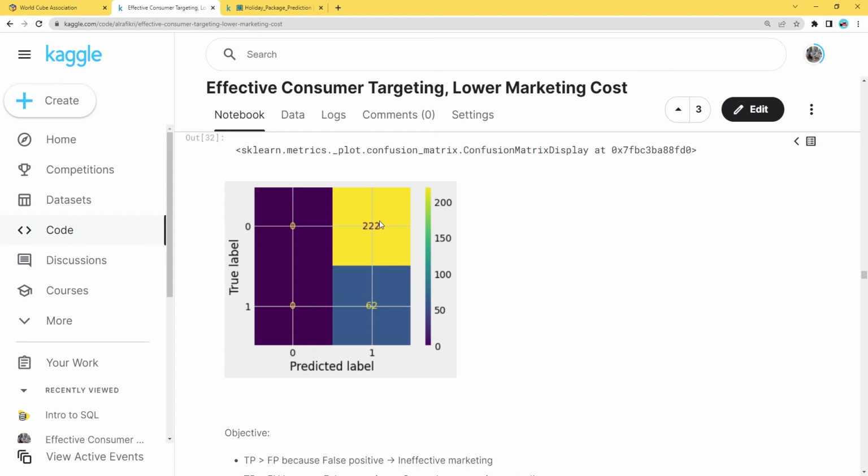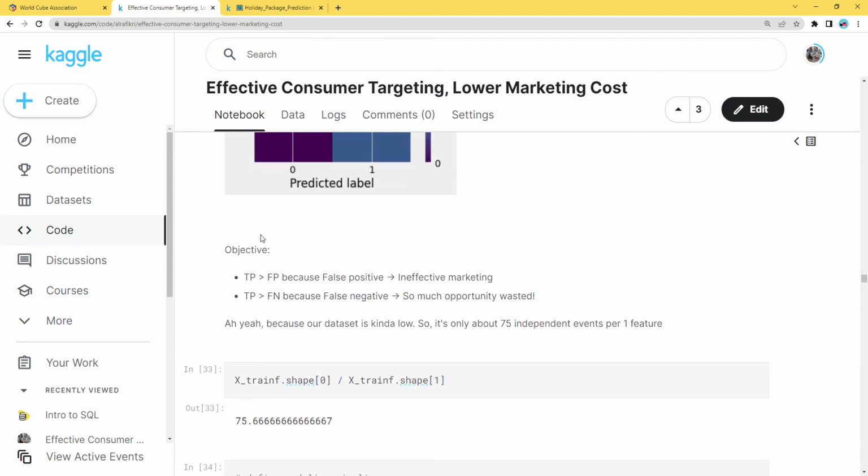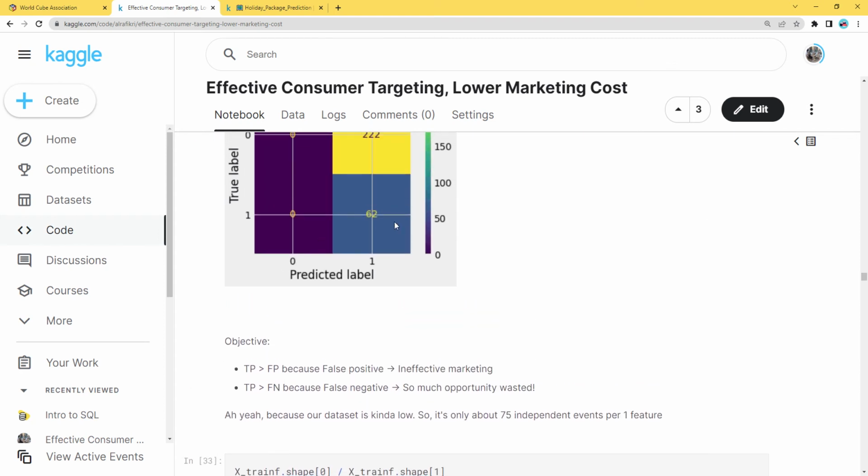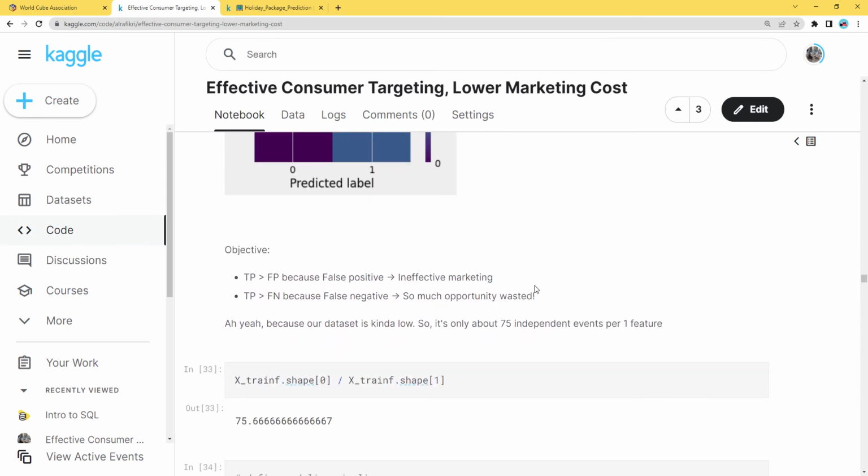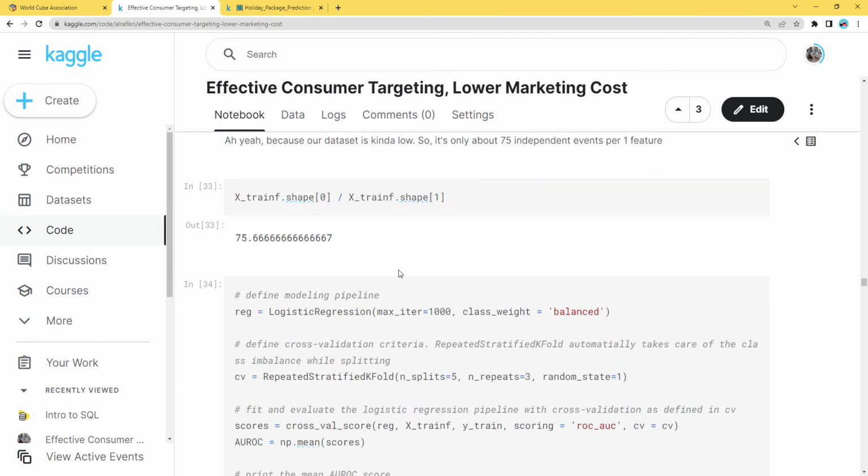So it's much less efficient, and here is our objective. We want the true positive rate to be higher than the false positive, because false positive here means ineffective marketing. And we want the true positive to be higher than the false negative, because it's just an opportunity wasted, right?